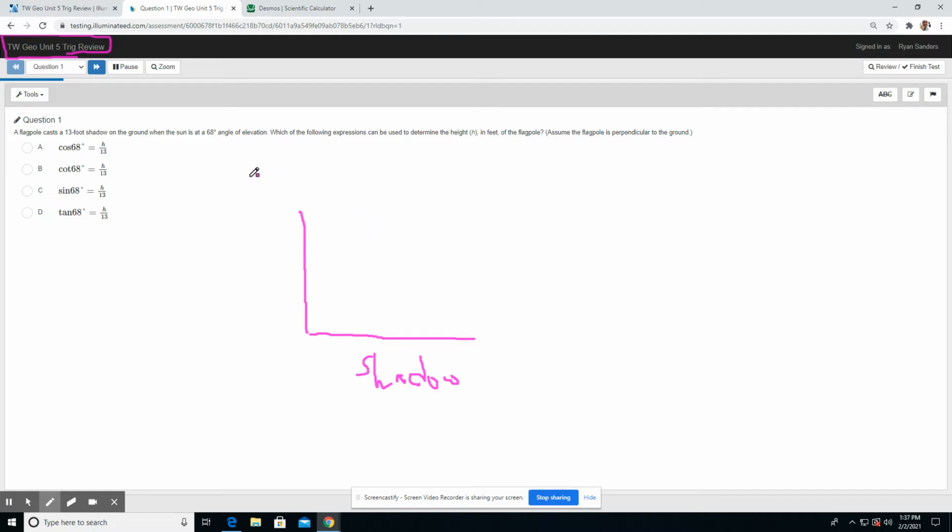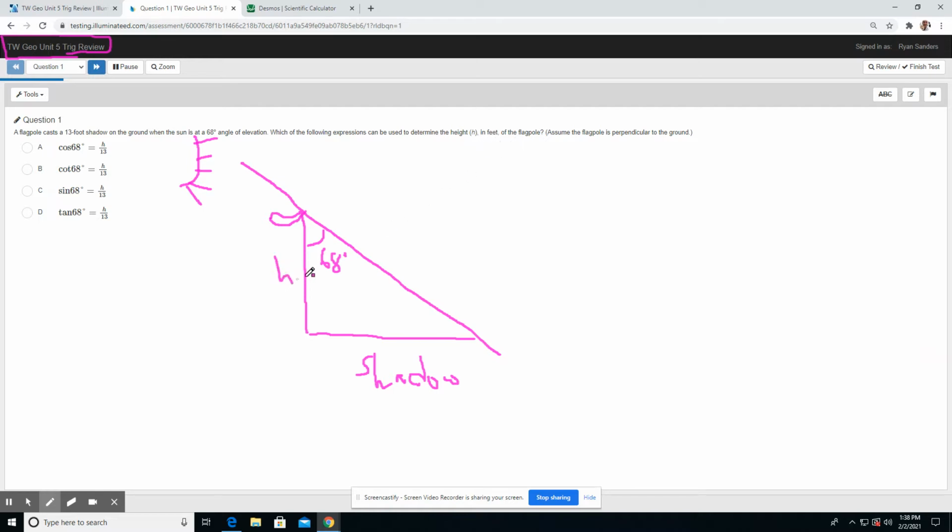So let's see, that would be something like this, where this is your 68 degrees. This is your sun. And here's that flagpole. Sorry, that's an ugly looking flagpole, but there it is. Which of the following expressions can be used to determine the height in feet of the flagpole?